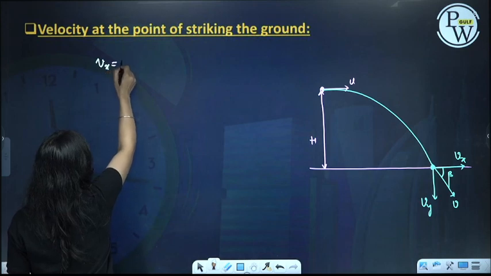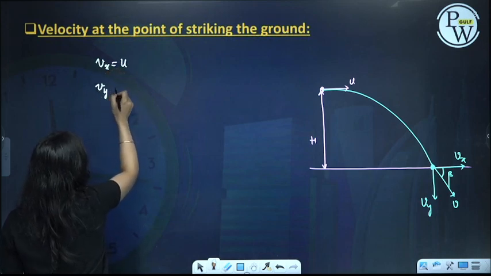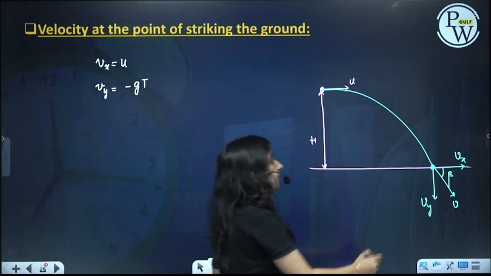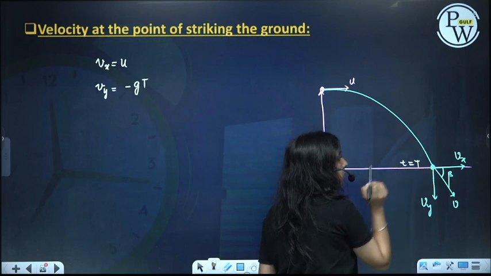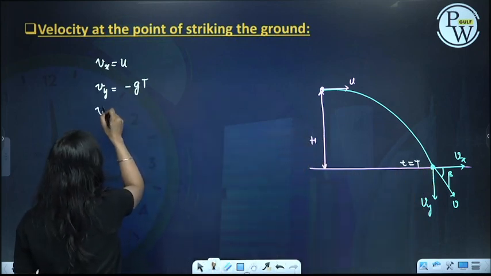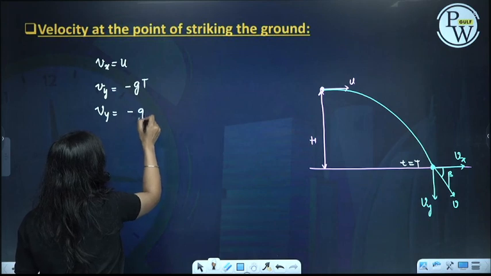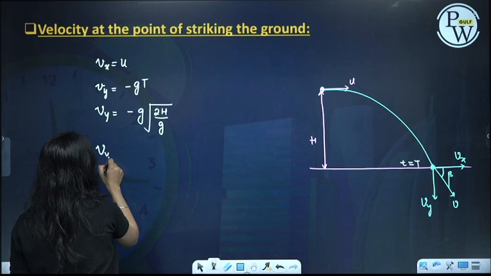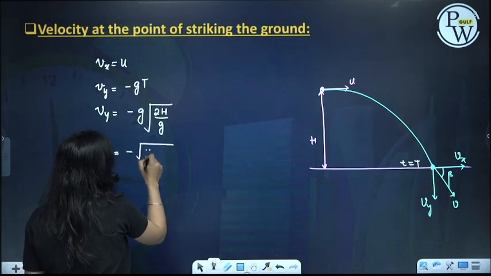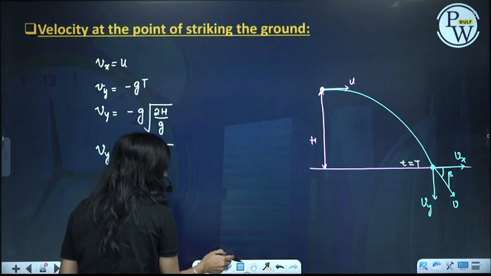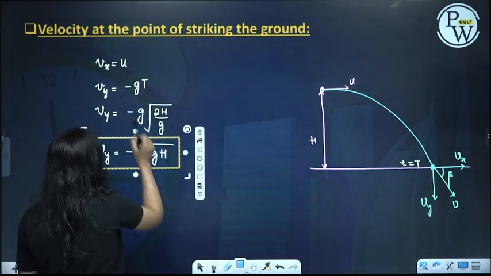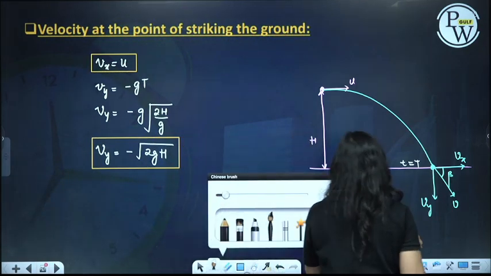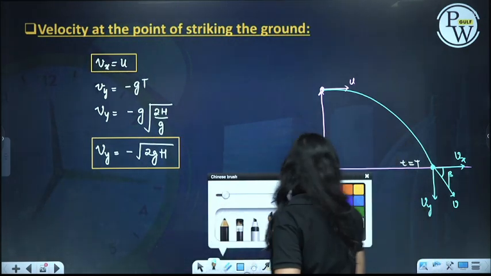Vx at every point will be equal to u only, and vy will be equal to minus gt, because the particle reaches here after time t equal to capital T. So vy will be equal to minus g into under root of 2h by g, or vy will be equal to minus under root of 2gh. And again find tan beta.